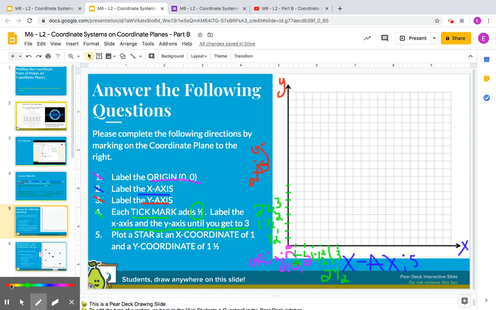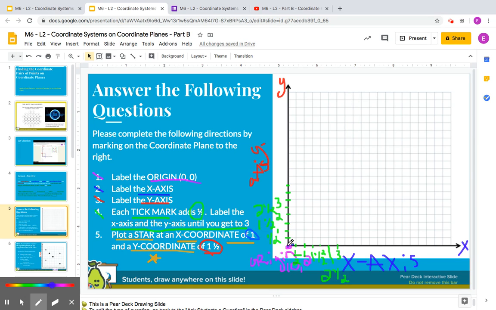Finally, I'm going to plot a star where the x coordinate is 1 and the y coordinate is 1.5, which means I'm going to go over to 1 and up to 1.5. I used the wrong color, I apologize. I am going to go over to 1 on my x-axis and up 1.5 on my y.